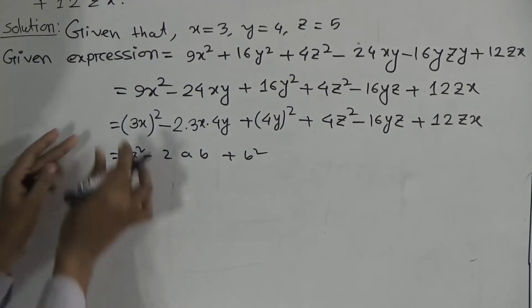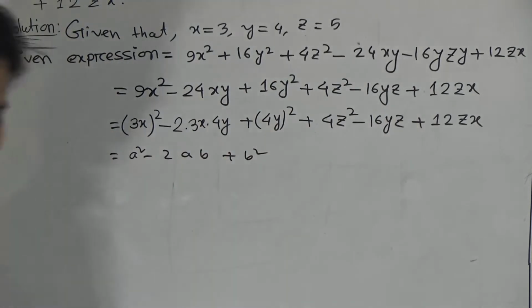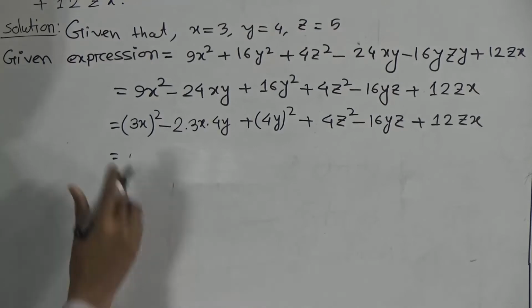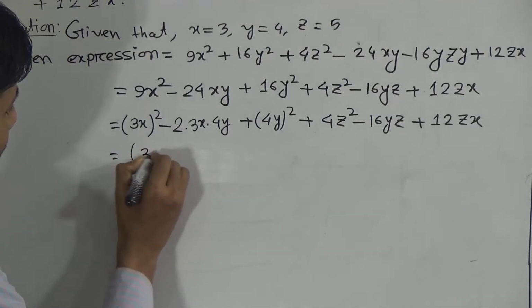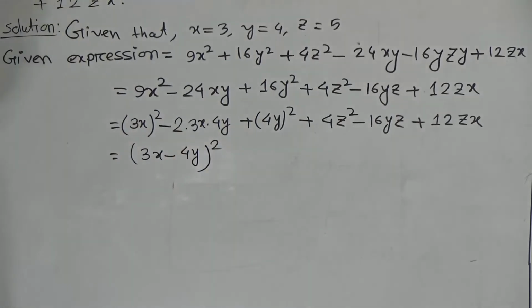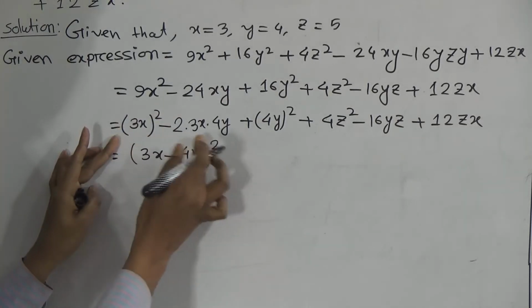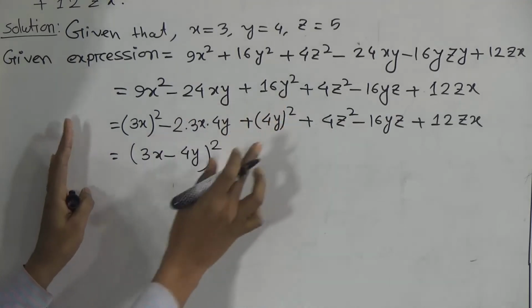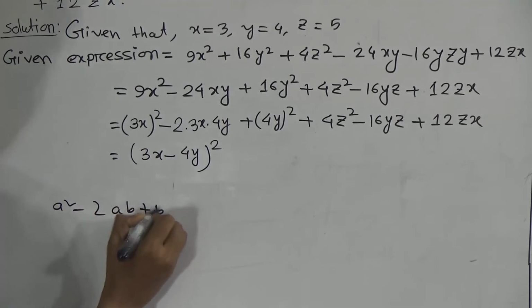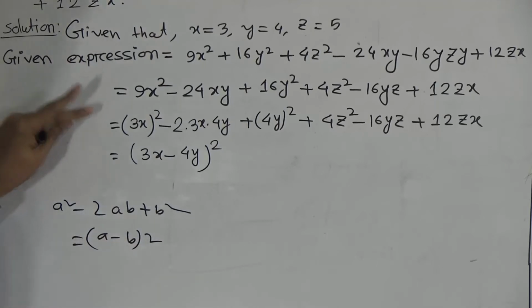Now this expression can be written as 3x minus 4y whole square. I have arranged it: 3x whole square minus 2 times 3x times 4y plus 4y whole square. This is of the form a square minus 2ab plus b square, which equals a minus b whole square.